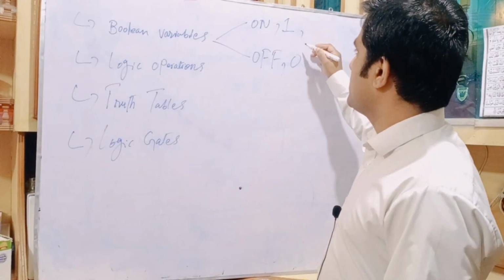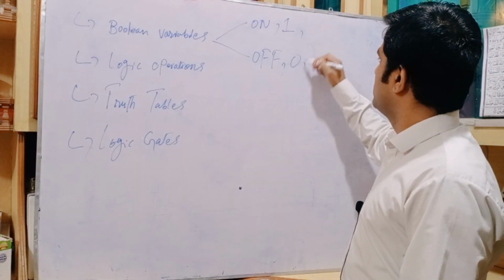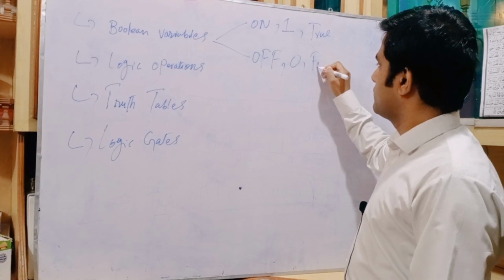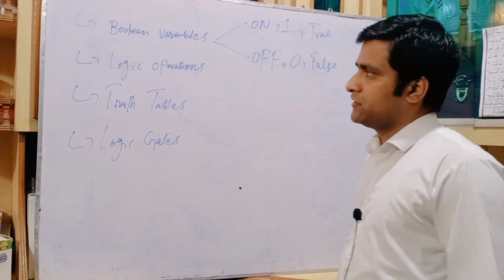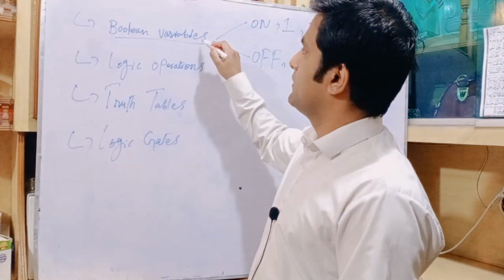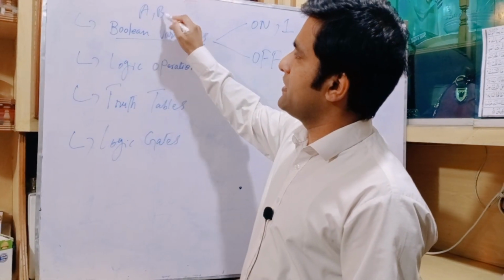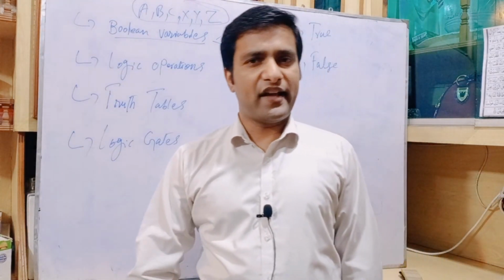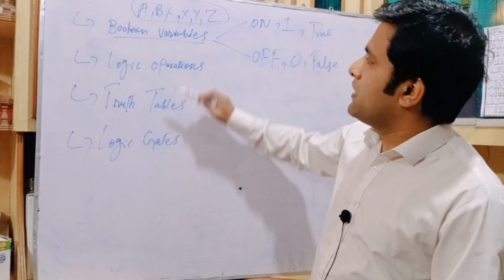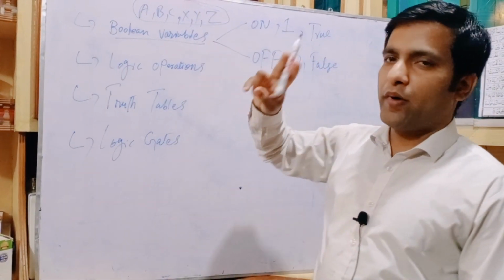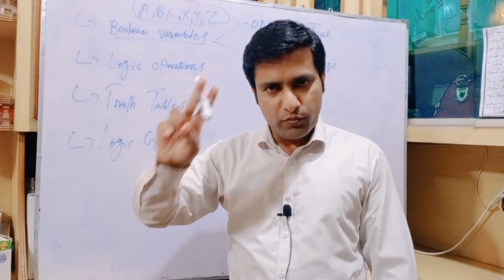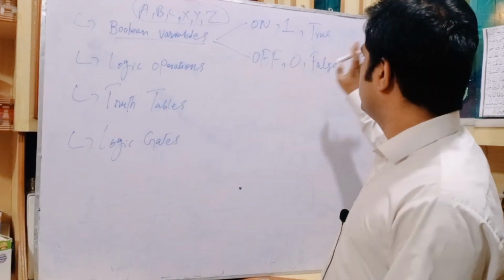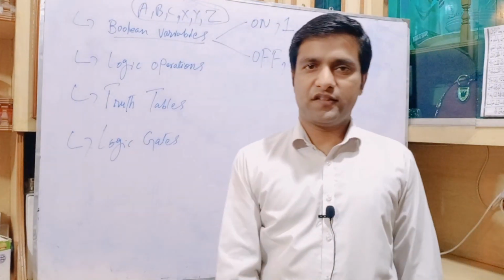Either it will be true or it will be false. So Boolean variables can be A, B, C, X, Y, Z. You can define so many variables, and all these variables have only two possible states. It can be 1 or 0. It can be true or false.